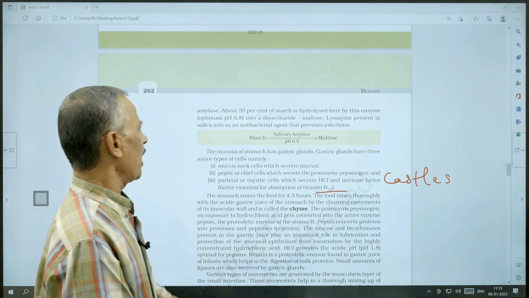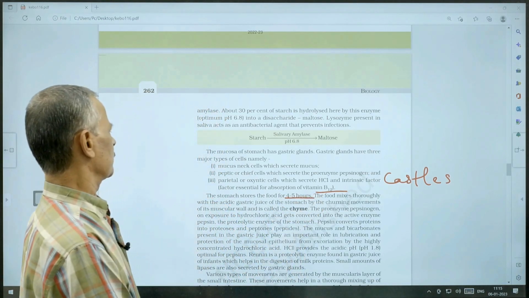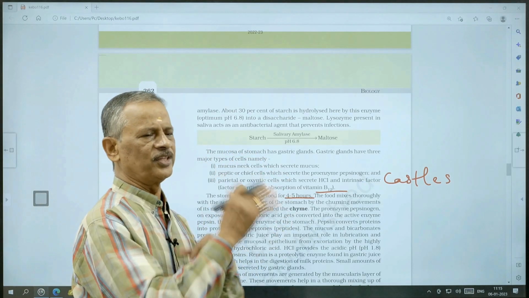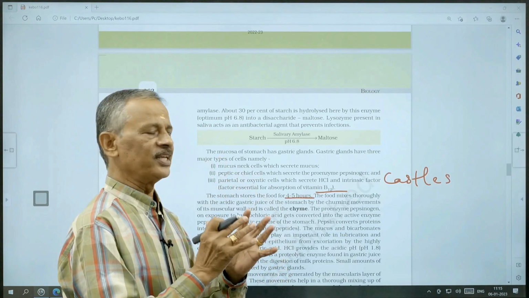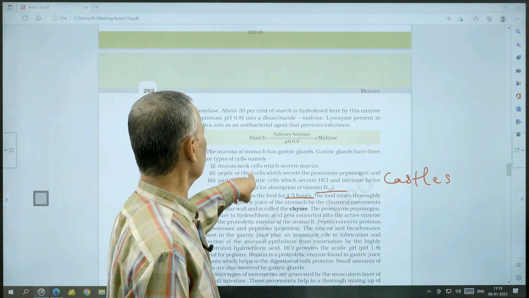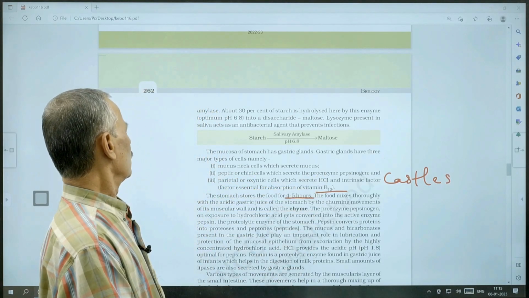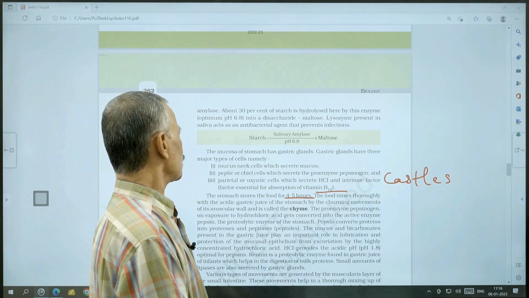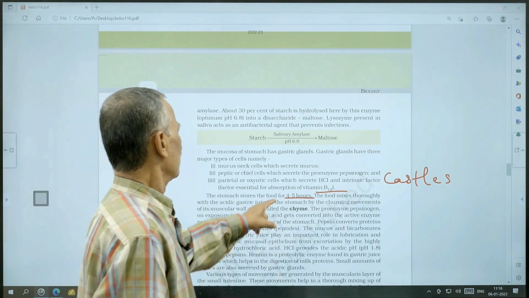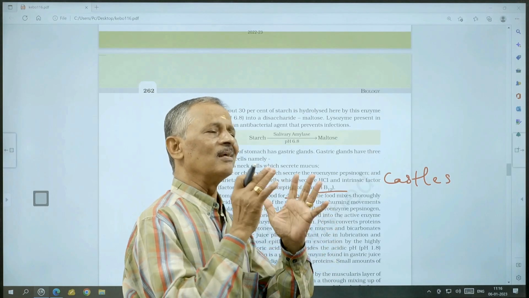The stomach can store food for about 4 to 5 hours. Within this time, the food is thoroughly mixed with the acidic secretions. How are the secretions acidic? Because the parietal cells produce HCl. The HCl is very strong and powerful, which makes the content acidic, and that also helps in digestion.